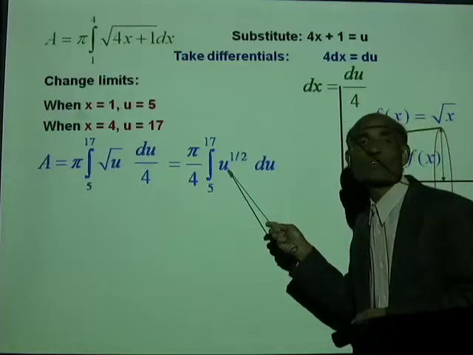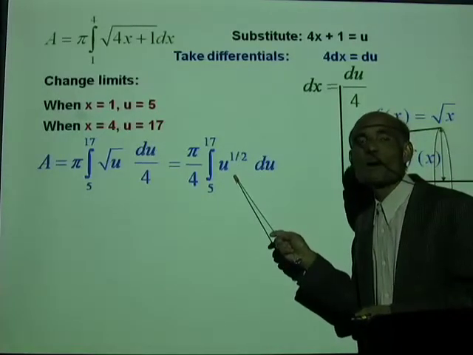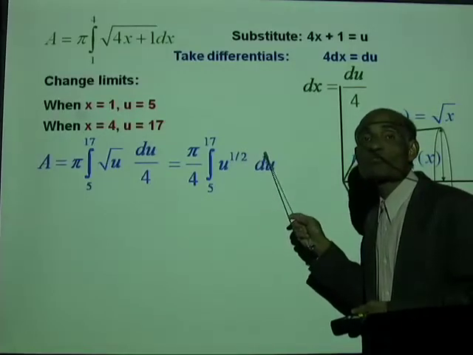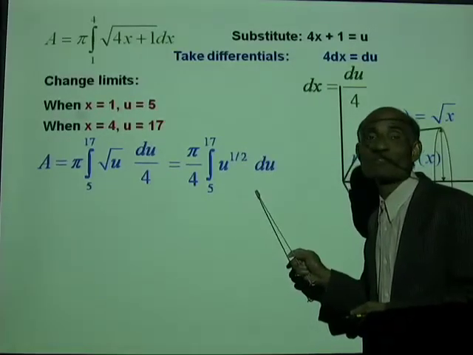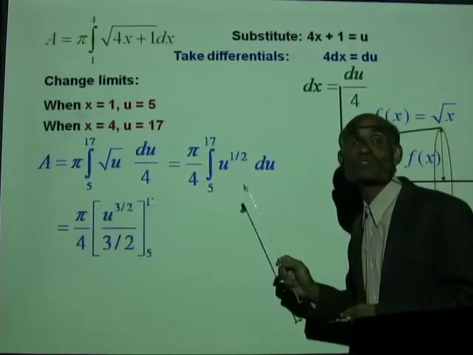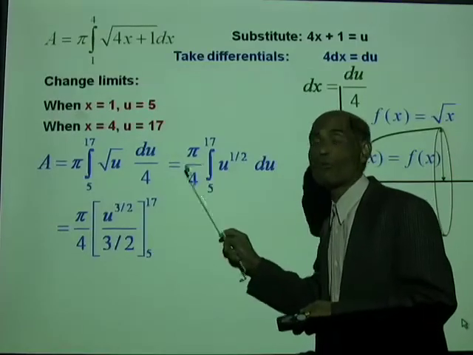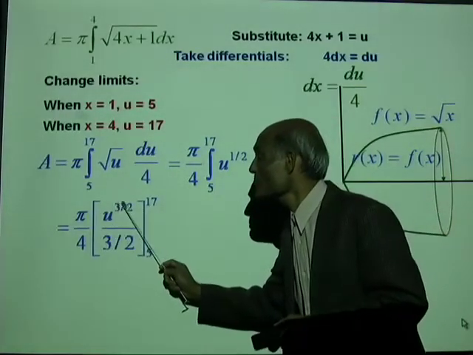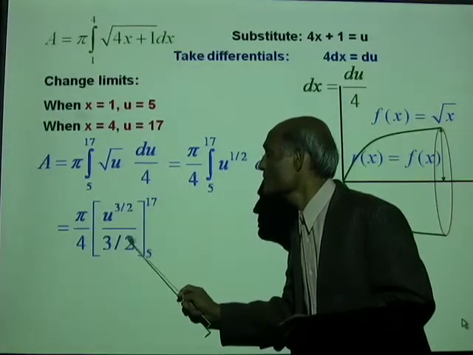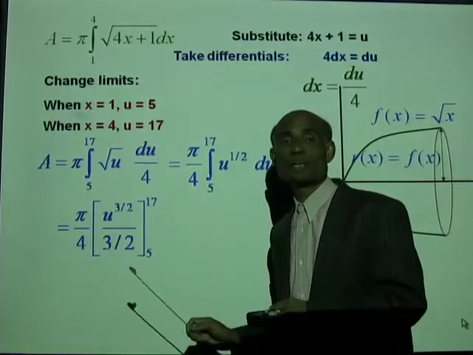You know how to integrate u to the power of 1/2 du. What is that? U to the power of 1/2 plus 1 over 1/2 plus 1, which is u to the power of 3 over 2 over 3 over 2. So pi over 4, u to the power of 3 over 2 over 3 over 2, from u equals 5 to u equals 17.